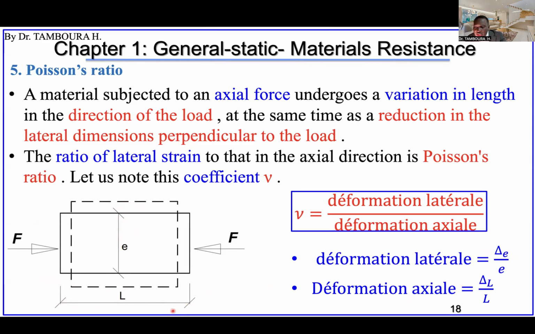In that case it will be negative, but anyway, the delta L means the variation of the length divided by the original length, and you will have this. So this divided by this, you will have this Poisson ratio. So each material also has its own Poisson ratio.